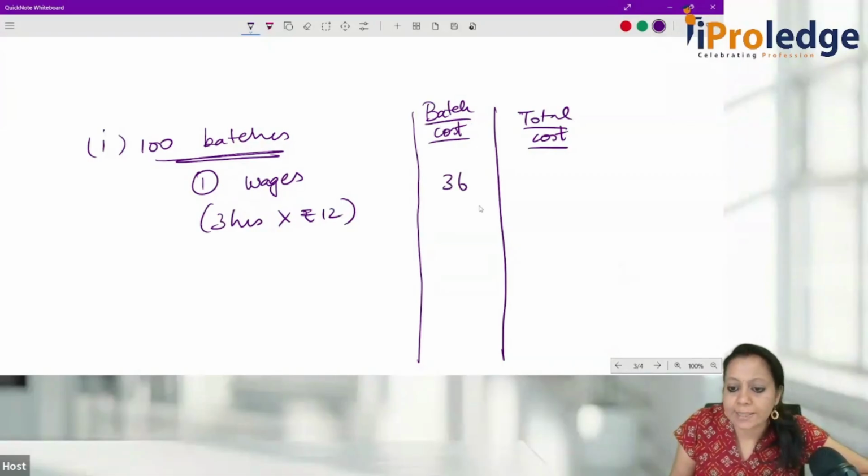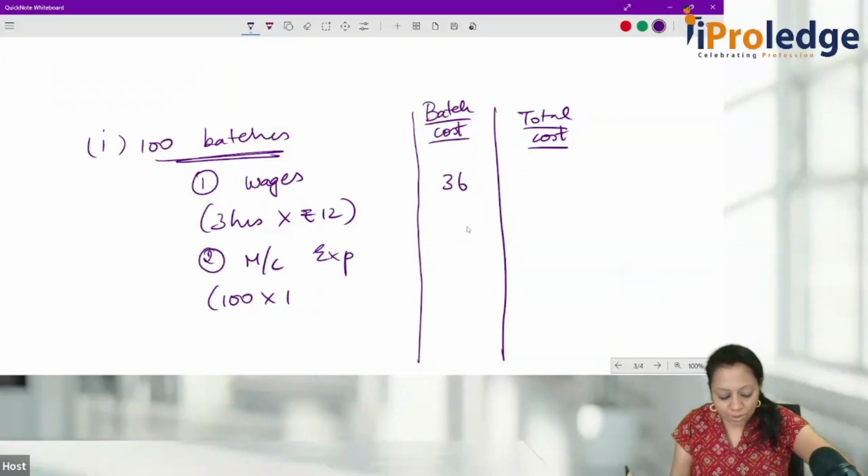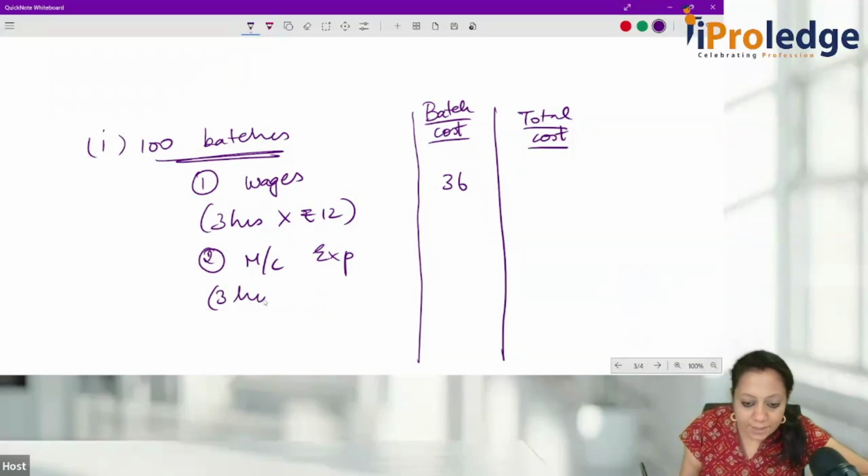So it is going to be 12 threes are 36. Then it is going to be machine expenses. Machine expenses is going to be how much? Sorry, very sorry, 3 hours into 72.